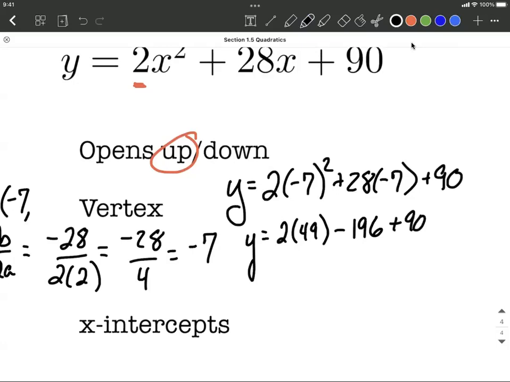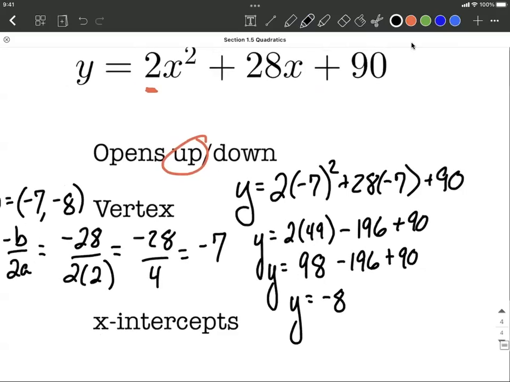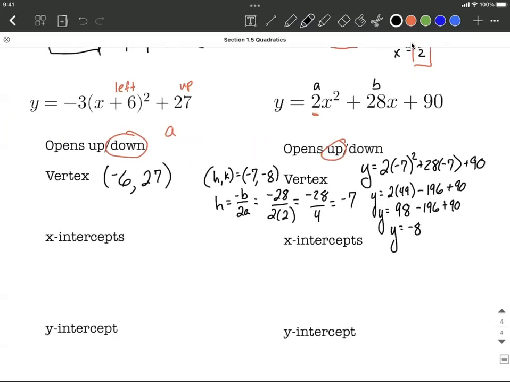So 2 times 49 is 98, minus 196 plus 90. Working it out quickly, the y value is going to be -8. So our vertex there was -7, -8.